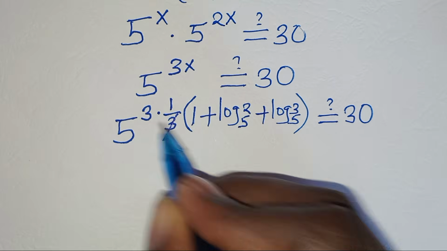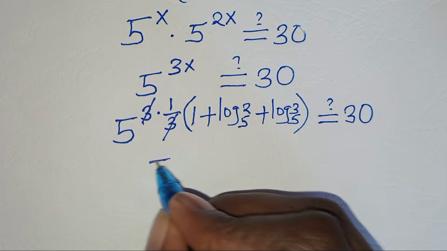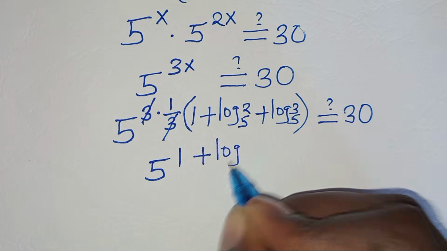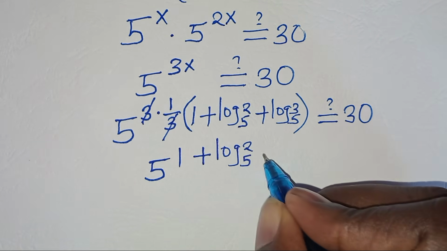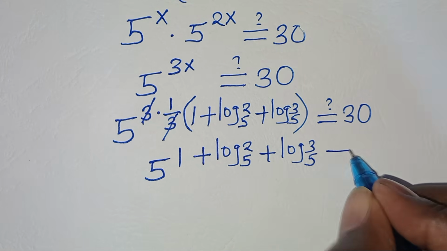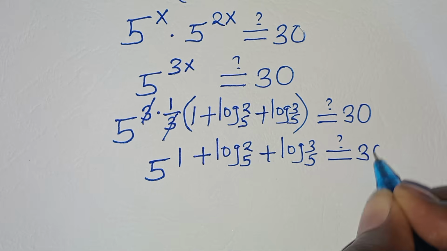So let's simplify the 3 and 3 here, so that we have 5 raised to the power of 1 plus log 2 to base 5 plus log 3 to base 5. This should give us a value of 30.